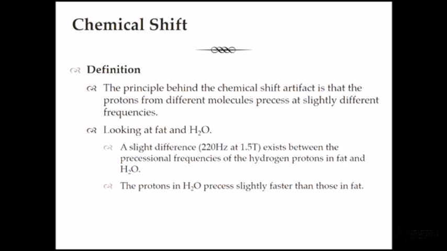When it sees a signal intensity, it just assigns it as being that particular frequency in that particular pixel or voxel. So what it can do is sometimes give you an artifact based on this frequency difference between fat and water.